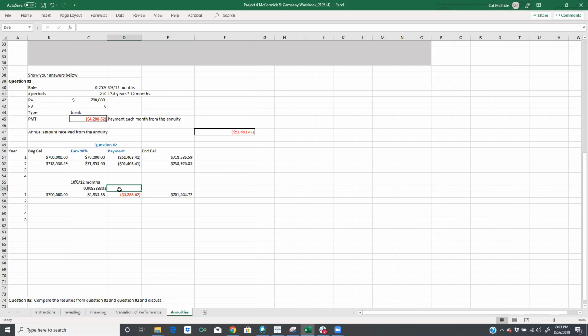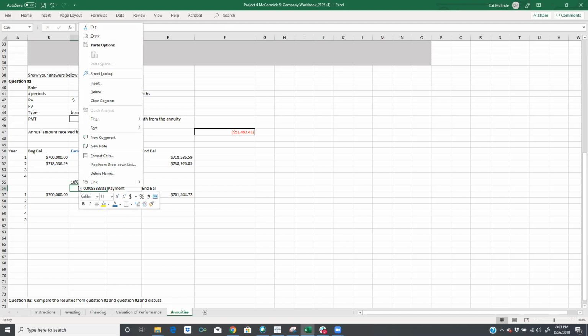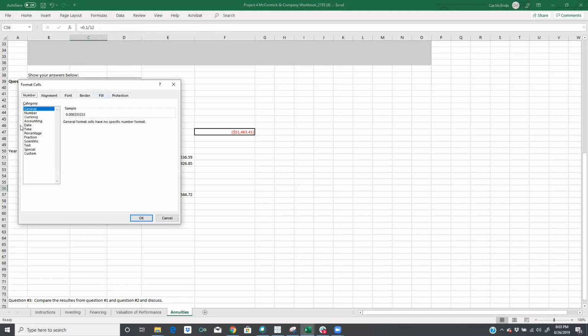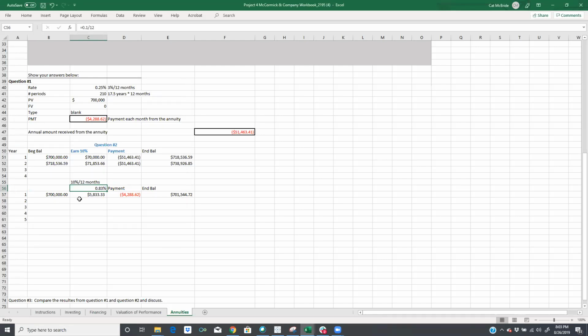So this is still the payment, this is my ending balance, and this is interest. There, so that looks right.